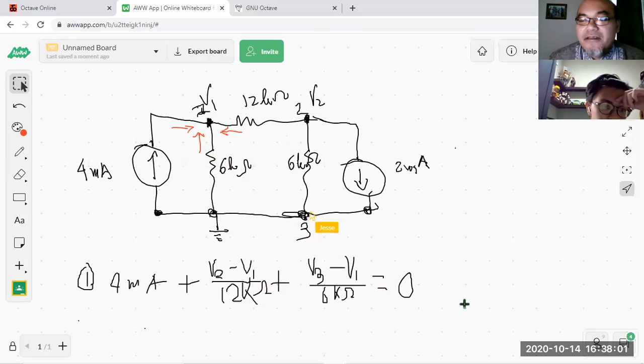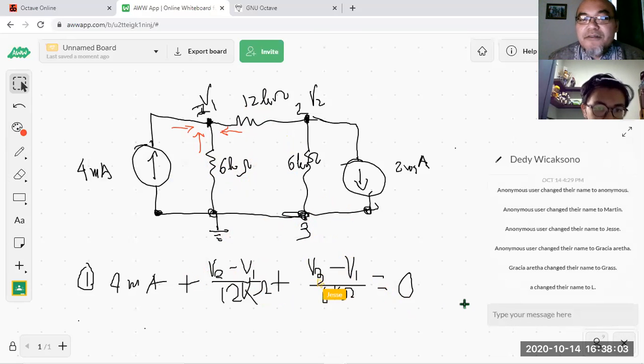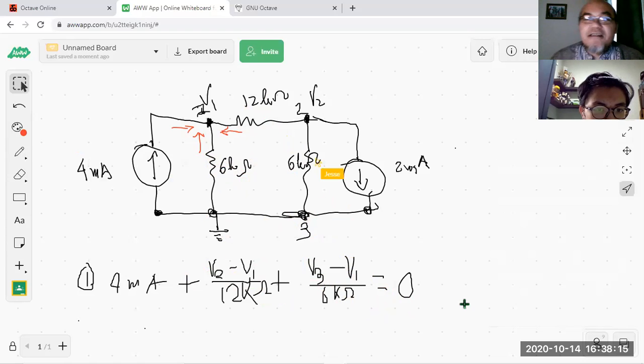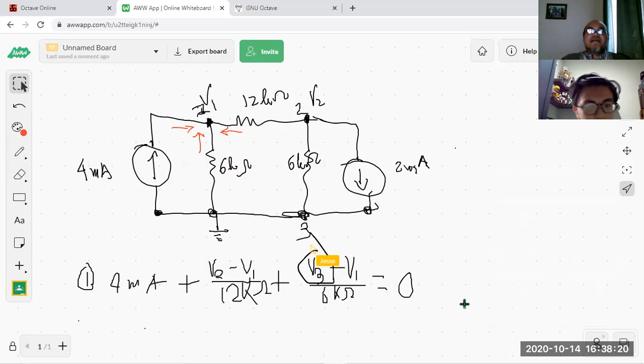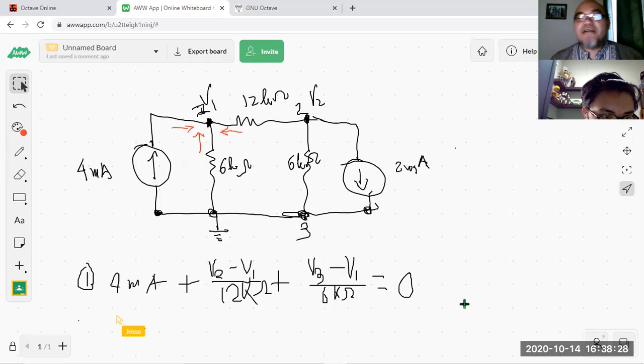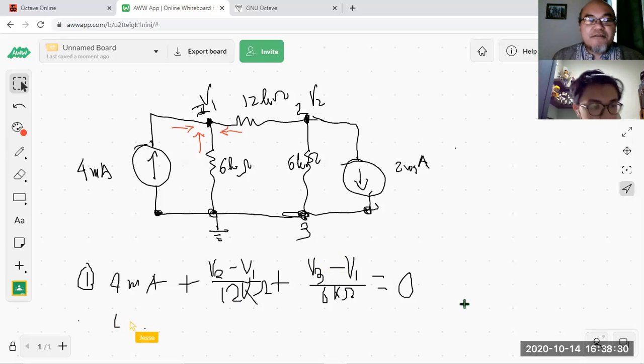Now you know that V3 is taken as the reference, and the reference we usually consider to be 0. So this is just V1. Now you can rewrite the equation below to simplify it further, plus 4 milliampere.